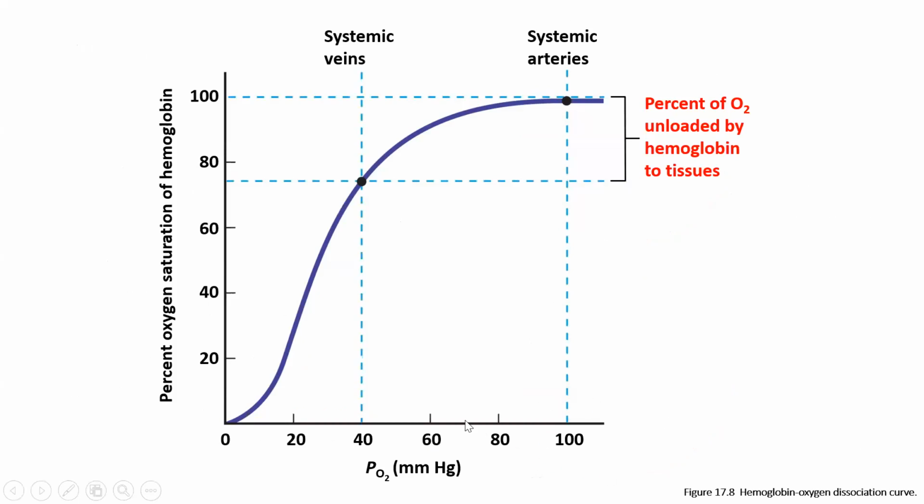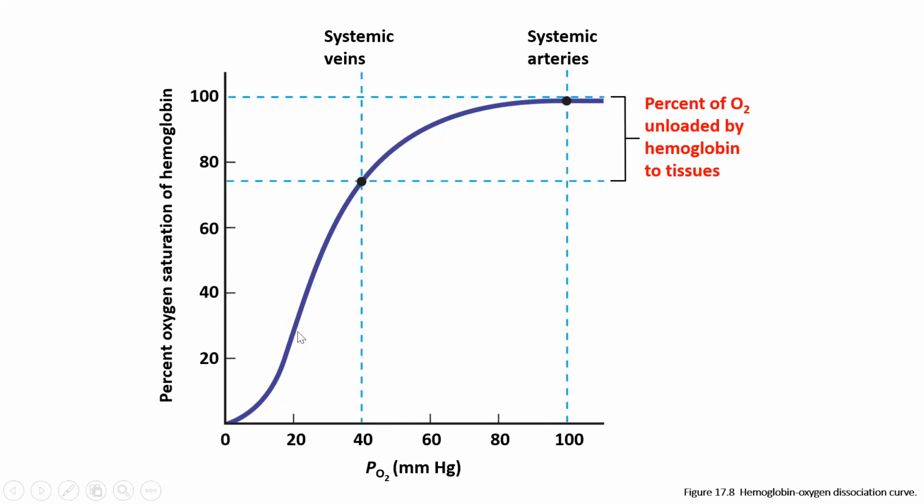And in terms of our physiology, it's about 40 millimeters of mercury in our systemic veins, which is the lowest partial pressure of oxygen in our physiology, all the way up to 100 millimeters of mercury in our systemic arteries, which is the highest partial pressure of oxygen in our vasculature, okay? And we're comparing that to the percent of oxygen saturation. In other words, how many oxygens are bound to that hemoglobin.